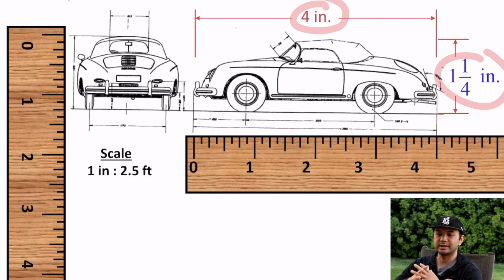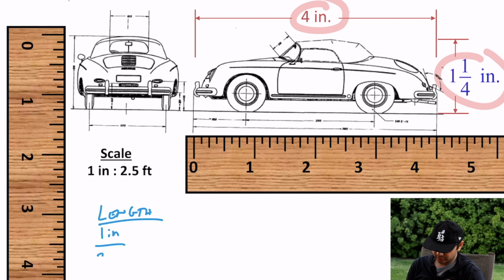So this actually means we have to do 2 separate calculations. So let's work with how long the car is. This is like how long and how tall it is. So length, I'm going to say the scale is 1 inch to 2.5 feet. So that means this is the model, and then this is the actual.